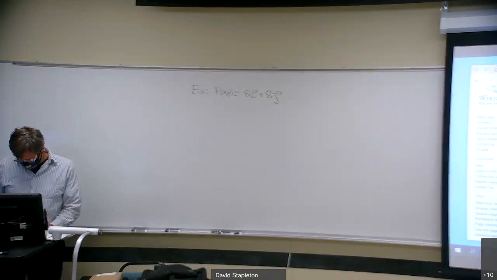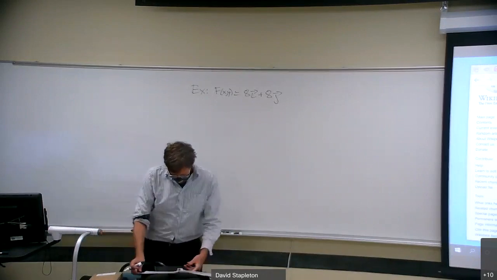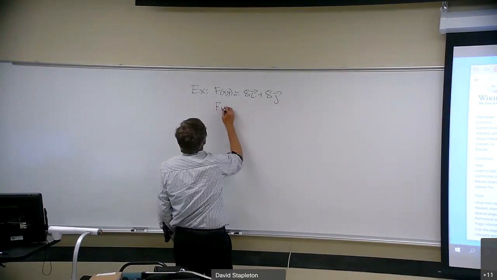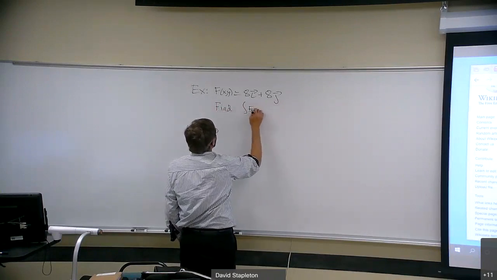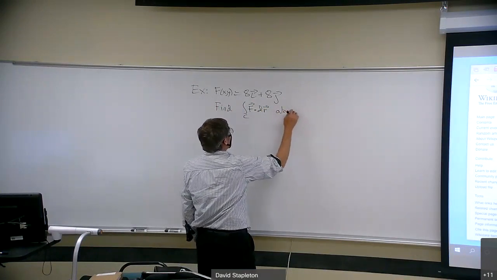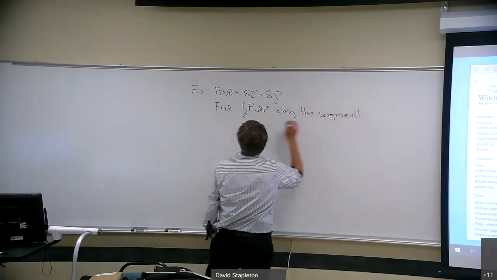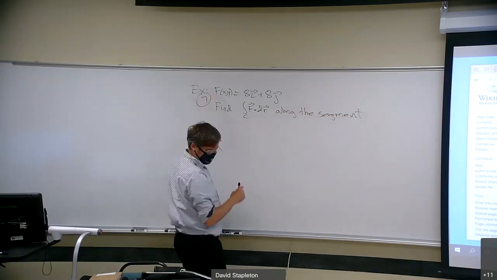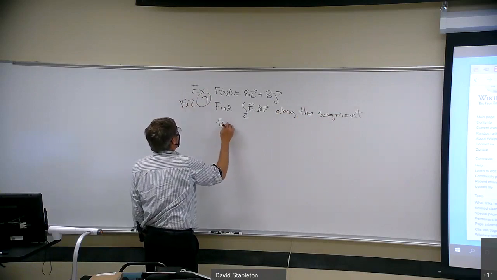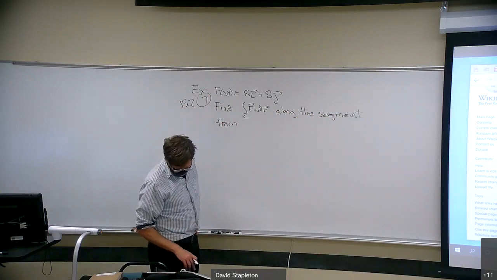And then find the line integral of F dot dr along this line segment. There's F as the constant vector, and then find the line integral F dot dr along the line segment, number 7, 8.2, from -4, 4 to -4, 5.